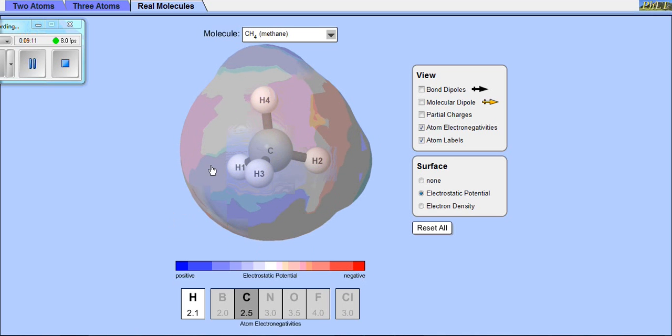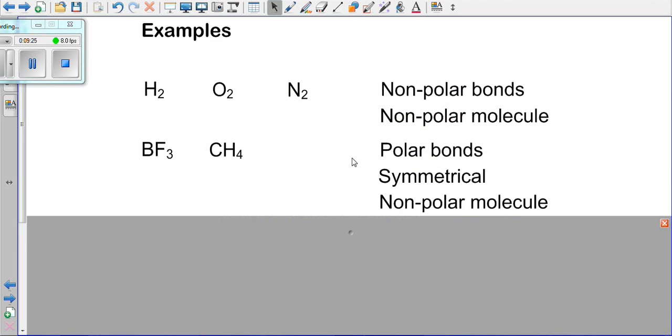But because it's a symmetrical structure, the outside will be positive and the center will be negative. So the molecule as a whole is non-polar, but the carbon-hydrogen bond is a polar bond. So this we see is also the case that BF3 and CH4 have polar bonds, but because the molecule as a whole is symmetrical, the molecule becomes a non-polar molecule.